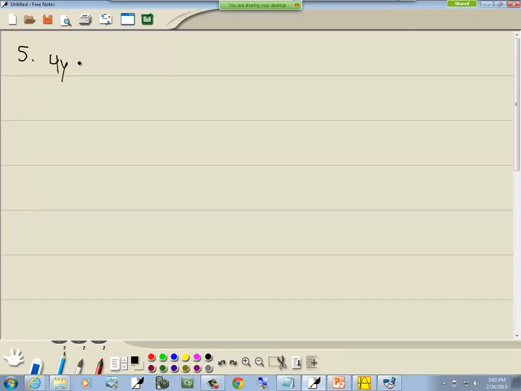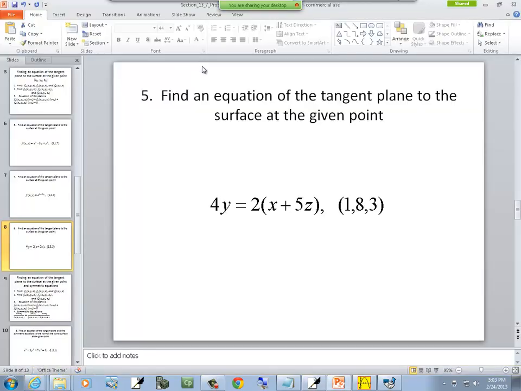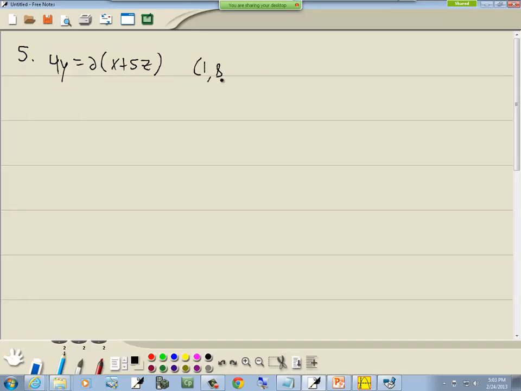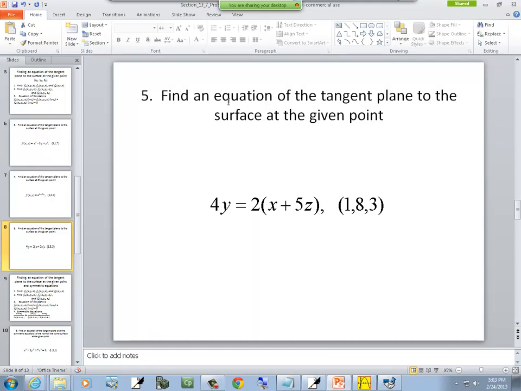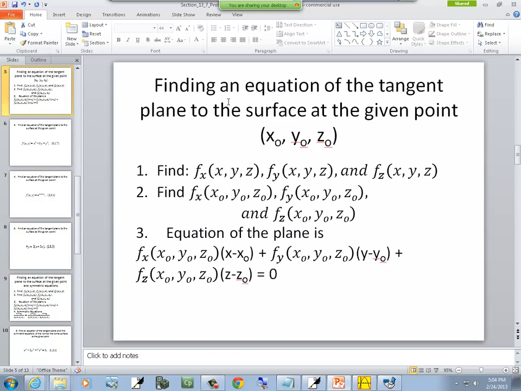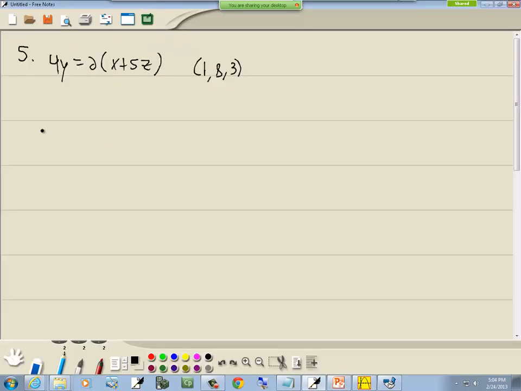4y equals 2 times x plus 5z, 183. Same instructions. Find the equation of the tangent plane to the surface at the given point. So come up here, our first step.